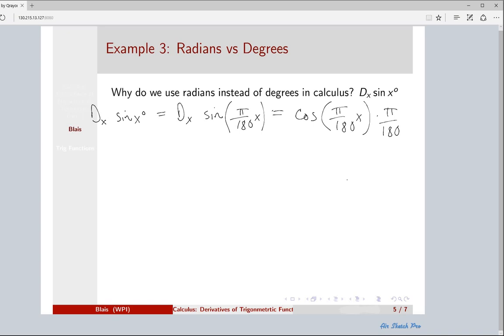And if you want to go back to degrees, we just reverse this. If we want to switch to x degrees, we multiply this by 180 over pi.